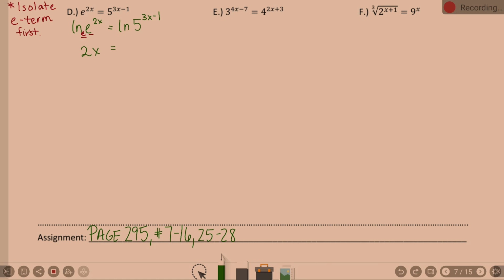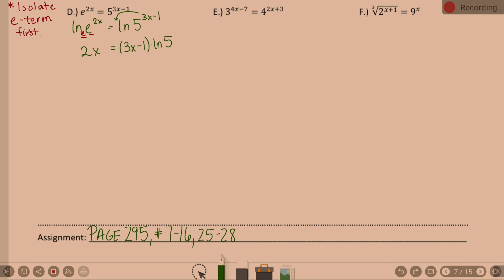Now, on the right, what are we doing with that 3x minus 1? We are indeed bringing that one out front. I'm going to put that in parentheses, (3x − 1) times the natural log of 5. Okay. What's next? Because we have x's on both sides, that 3x is in those parentheses.